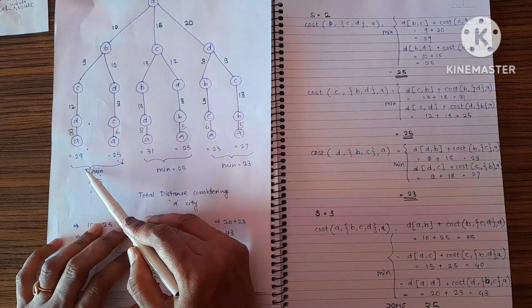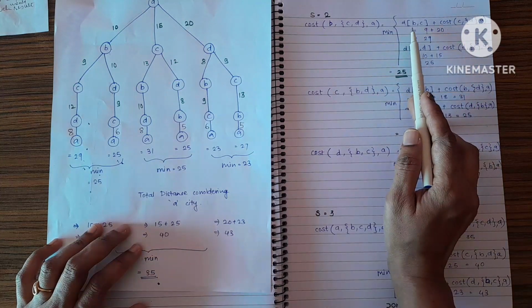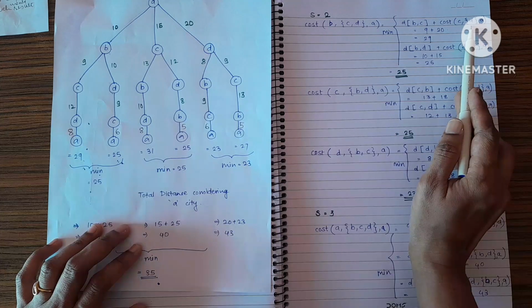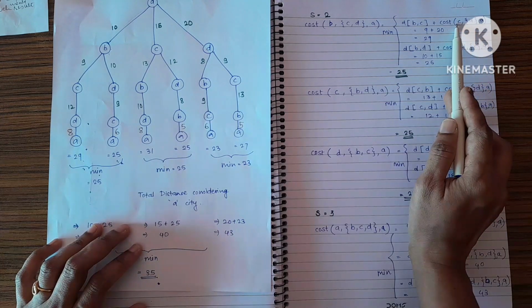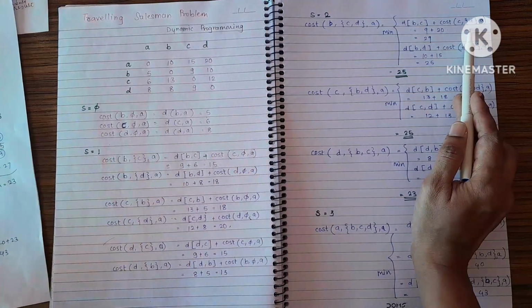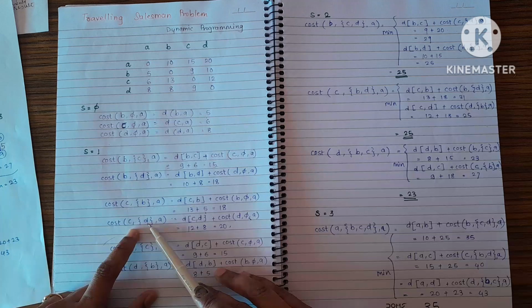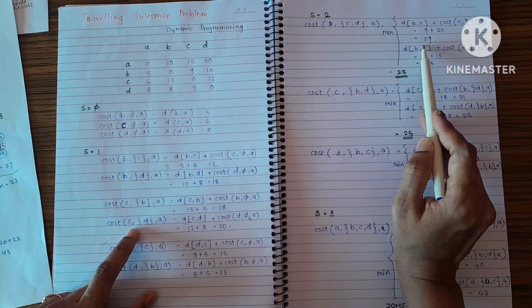This order results into the 29, which is represented by this formula. The distance between B and C and then returning to A from D city after visiting this C, which is already calculated. Here it is calculated. So that 20 value would be substituted here to get 29 distance.